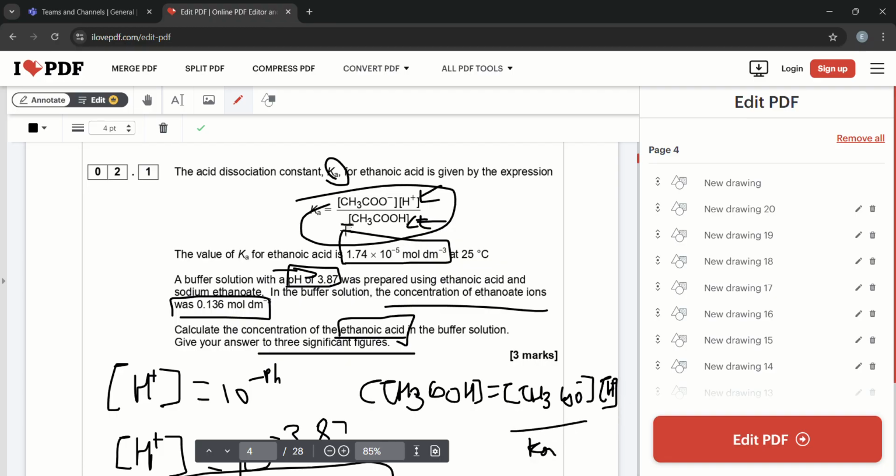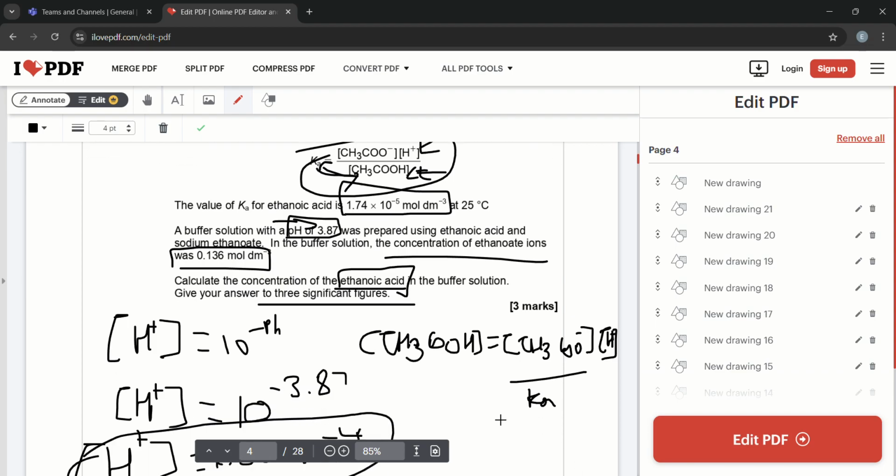All you've done is swap them around, or in maths terms you times it by CH3COOH, so you get CH3COOH Ka, and then divided by Ka, you get CH3COOH is equal to this divided by Ka.